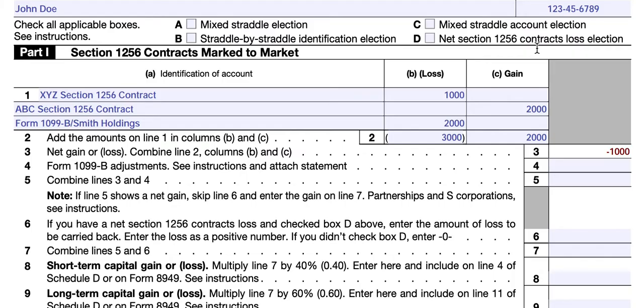And then 3, the Section 1256 contract part of a hedging transaction. So this gain or loss on the hedging transaction is treated as ordinary income or loss for tax purposes.